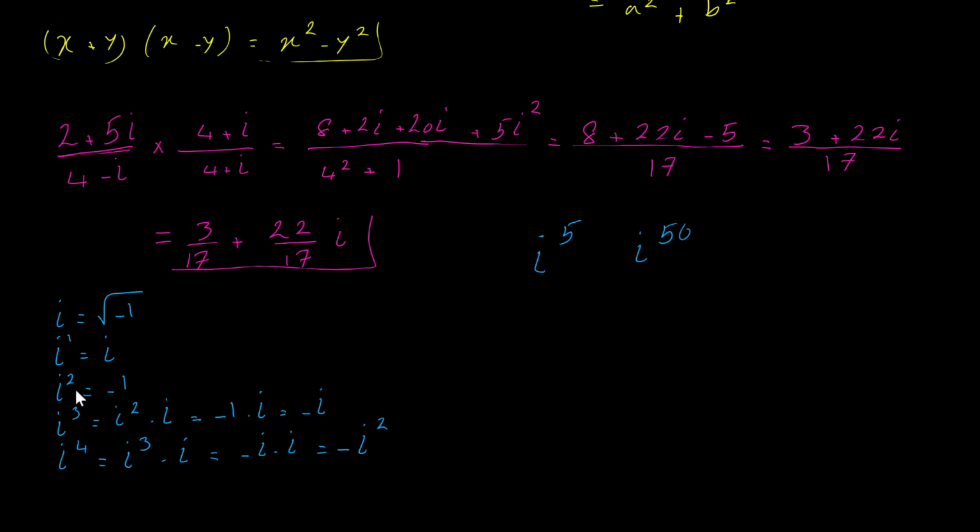And i squared was -1, so negative of -1 gives us a 1.